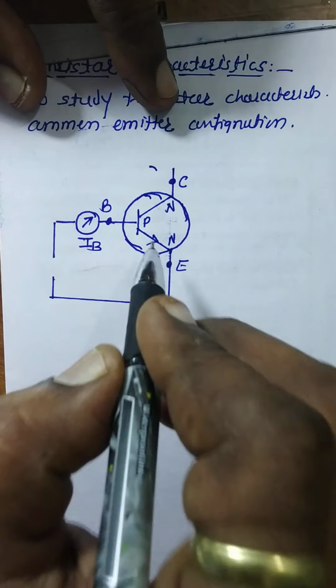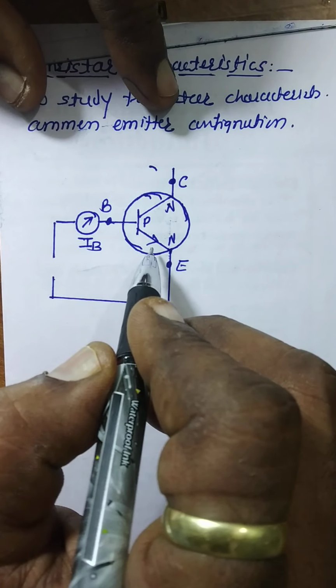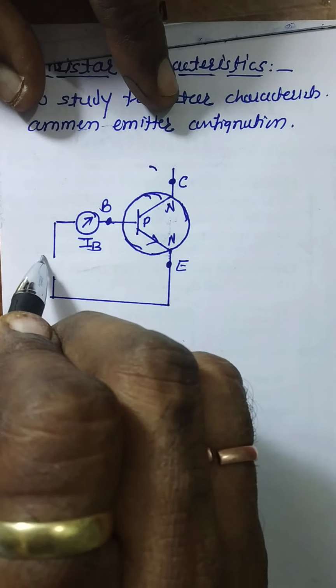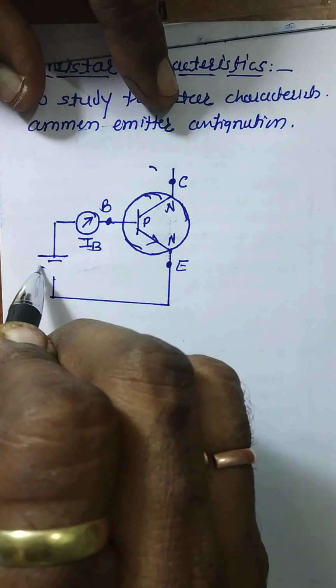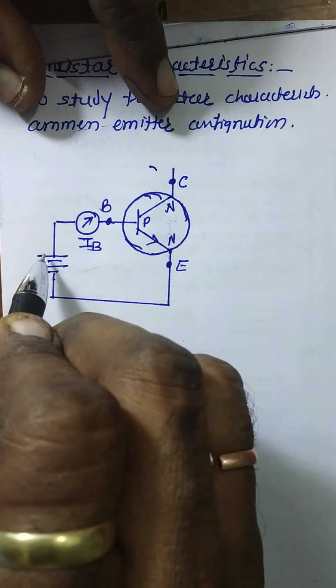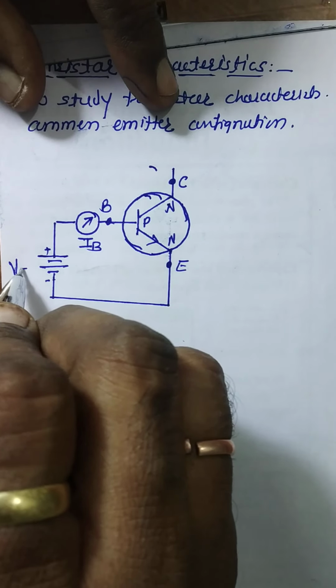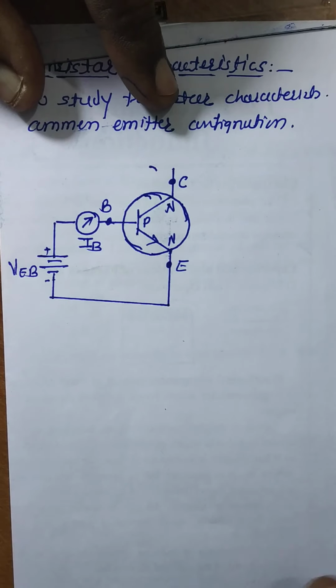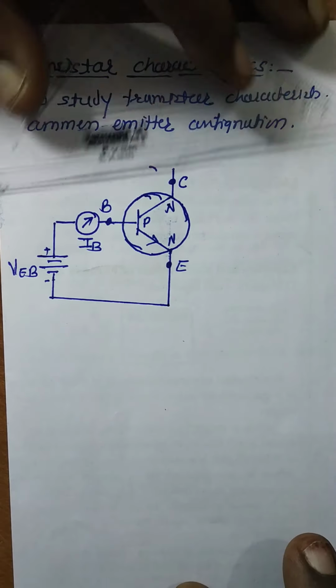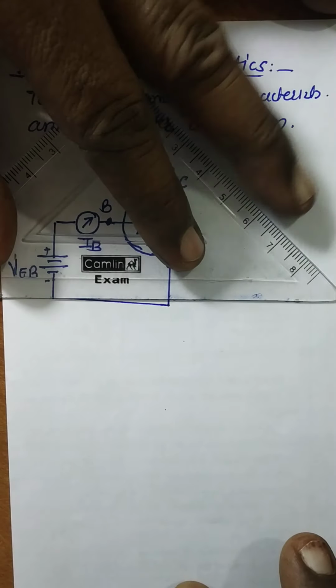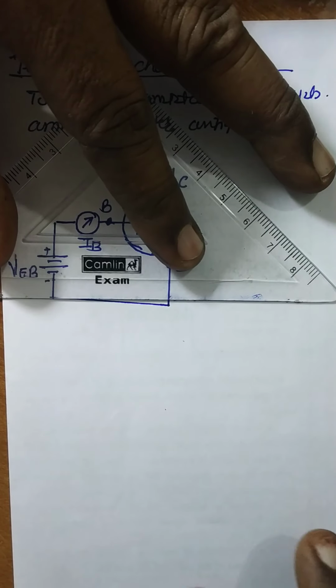Forward bias means positive, negative like this. This is the potential between emitter and base.